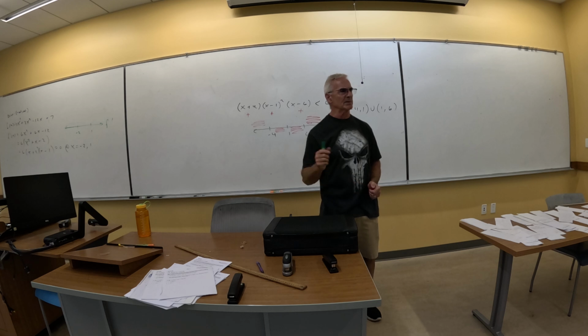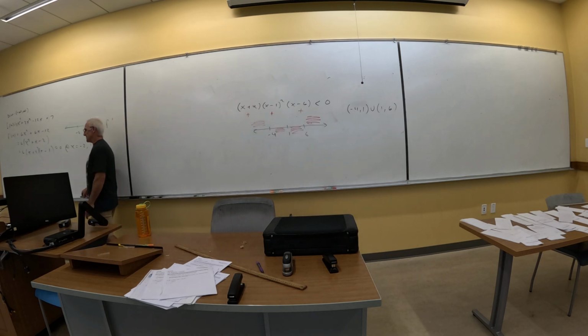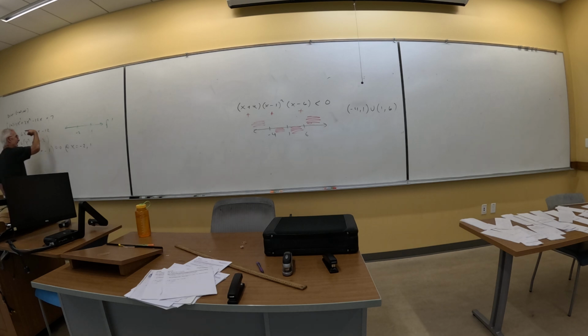Or is that what we've spent the last 20 minutes doing? Yeah, that's what we spent the last 20 minutes doing. I have a number line that is now partitioned into 3 intervals. Those below -2, those between, and those above +1. All I need to do is take one number in each interval to determine if it's positive or negative. So, if I go way that way, this will be negative, negative, and that product is positive.